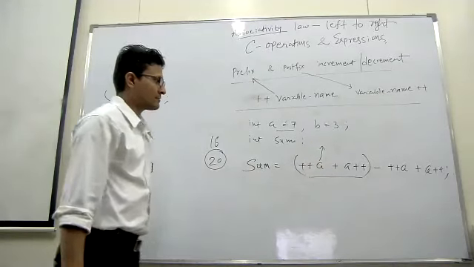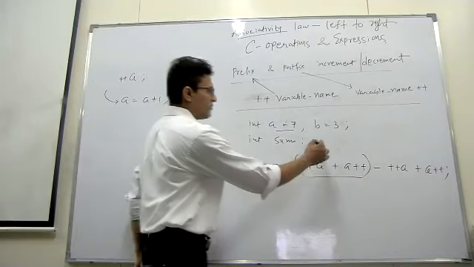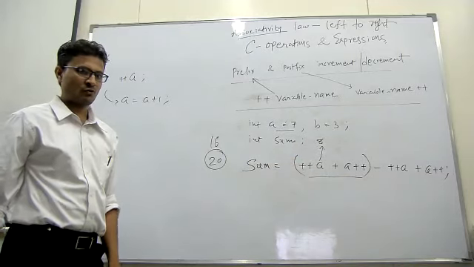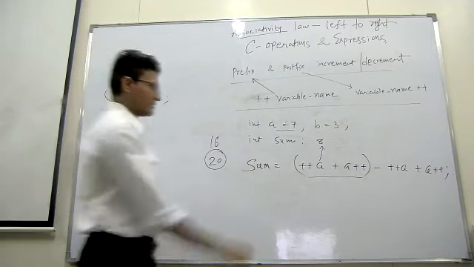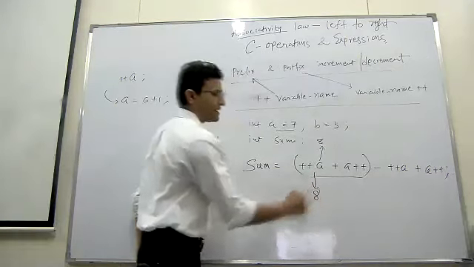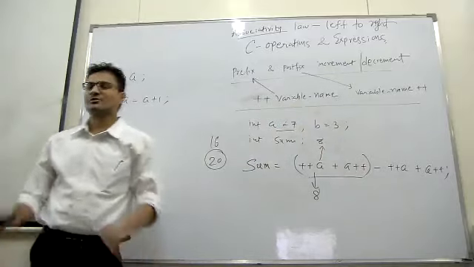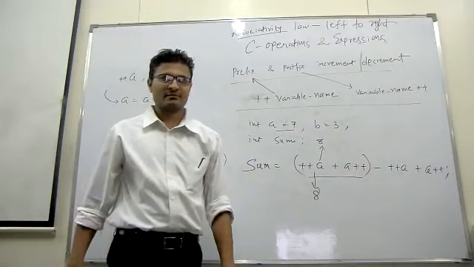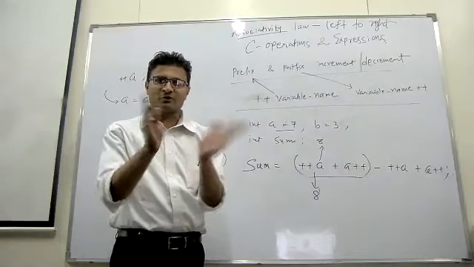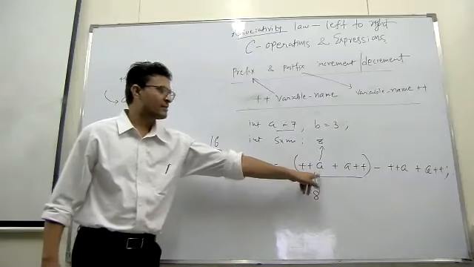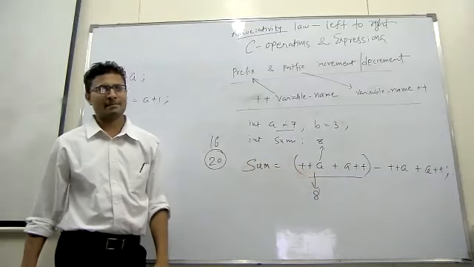Update, 8. Then assign immediately because the second operation is postfix. Two different operations. Clear? If you have two different operations, then directly it will assign to the particular expression.